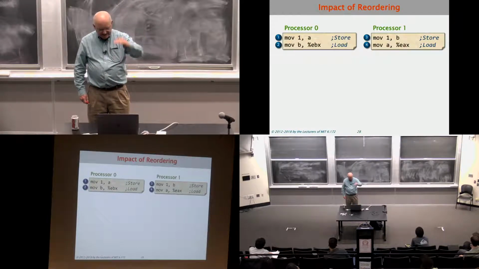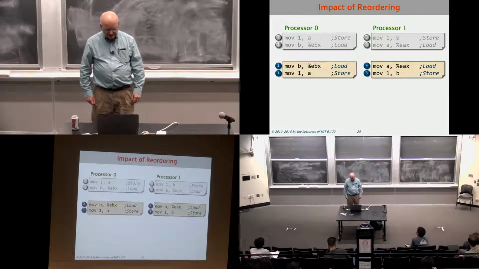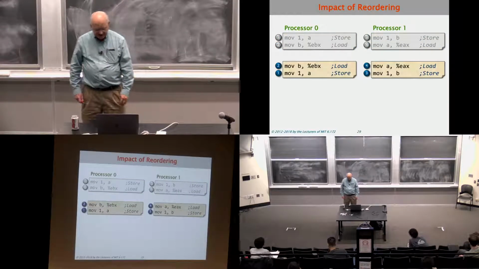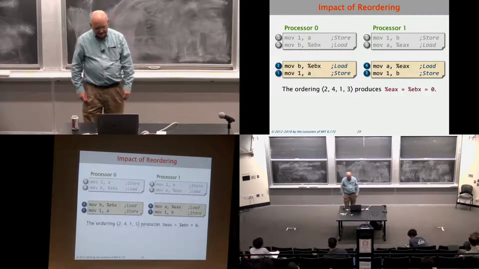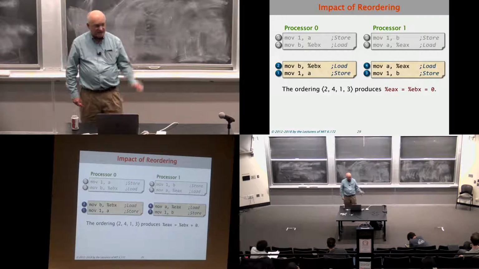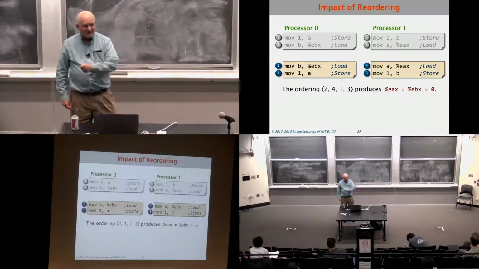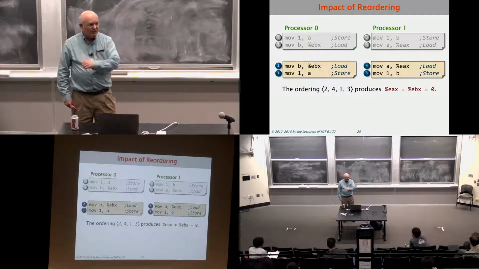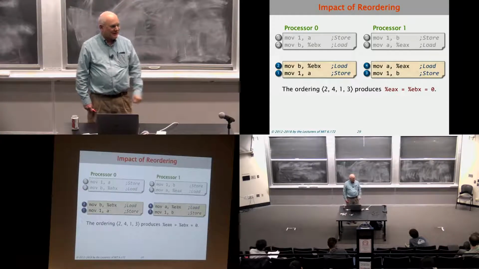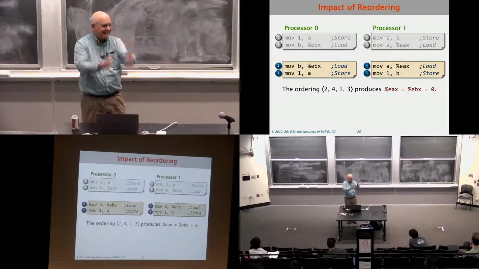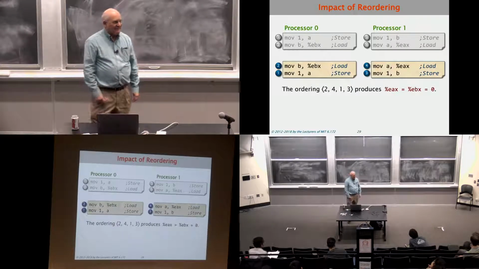I may have written things in this order, but in fact they execute in something like this order, and therefore the ordering 2413 is going to produce the value 0, 0, which was exactly the value that you said couldn't possibly appear.